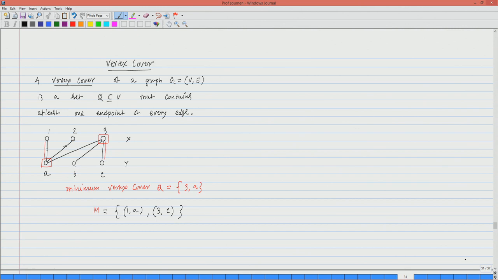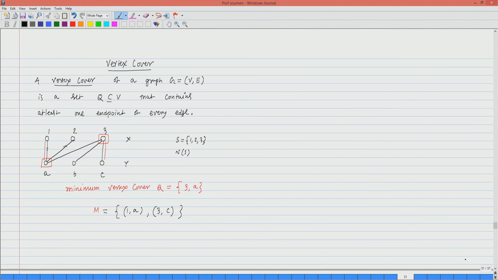Let me also say that since we have just learned Hall's theorem, you see that the Hall's theorem conditions are not satisfied for this graph. If you say this is my X side, and if I take my subset S to be, say, 1, 2, 3, what is the neighbor of S?